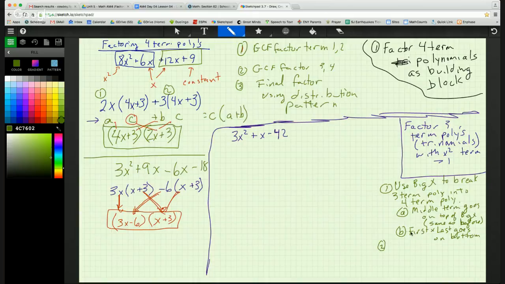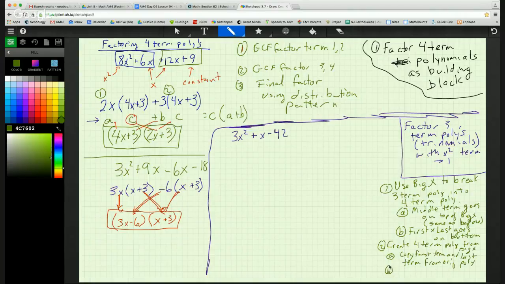So after we do our big X, we're going to create a 4-term poly from the big X. And the way that we do that is we're going to copy the first term and the last term from the original poly.